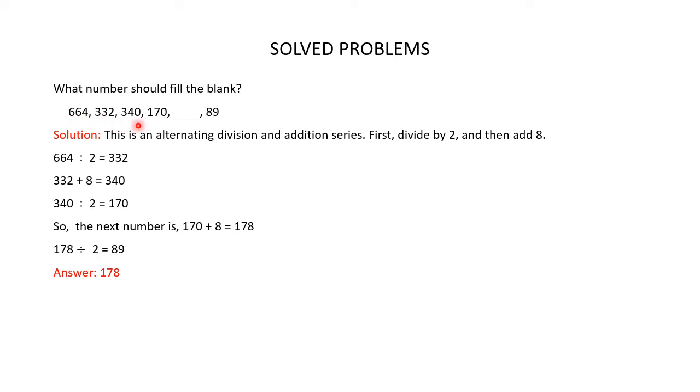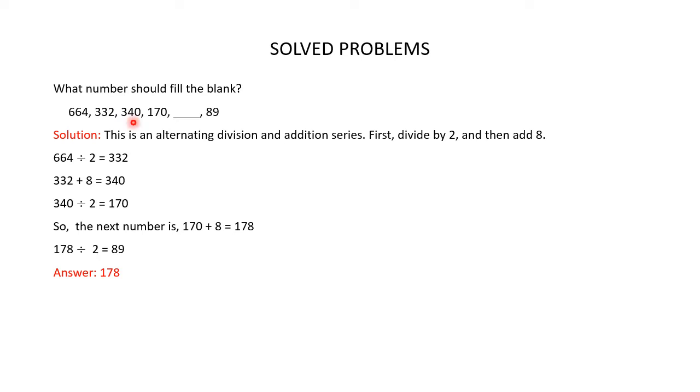Observe the numbers here. When you divide 664 by 2, you will get 332. And when you add 8 to 332, you will get 340. So that is the pattern. First you have to divide by 2, then add 8. So 664 divided by 2 is 332. 332 plus 8 is 340.